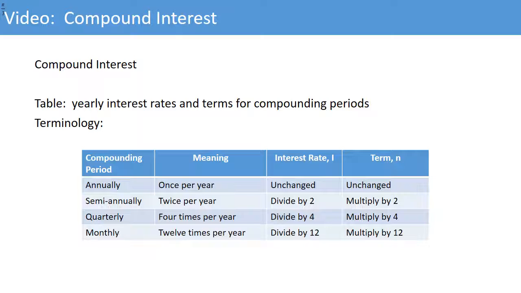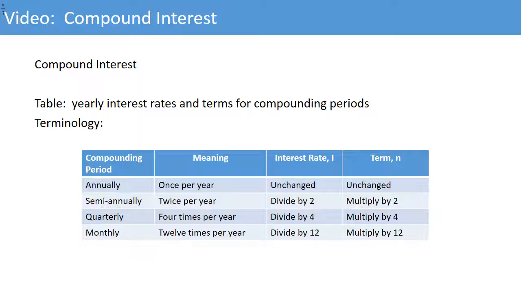But what if the compounding period is semi-annually? Semi-annually means that twice a year interest will be calculated. The interest rate then needs to be divided by 2, and since interest is calculated 2 times a year, we multiply the term by 2.